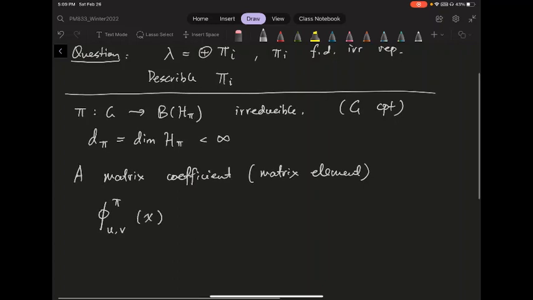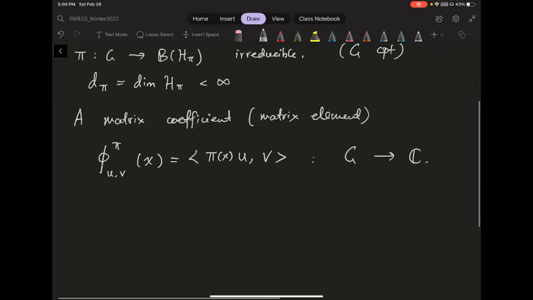It maps an element x in G to the inner product of pi of x applied to u with v. So this is a map from G to the complex numbers. This is a function on the group, a complex valued function.